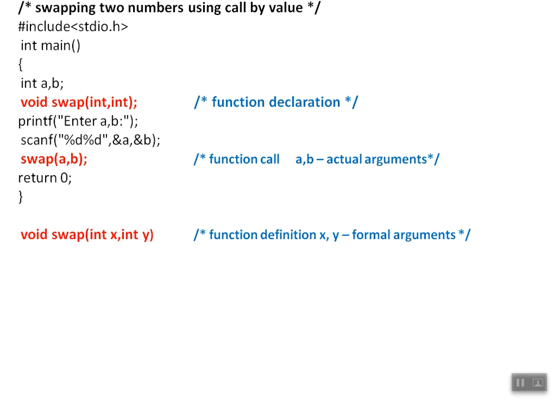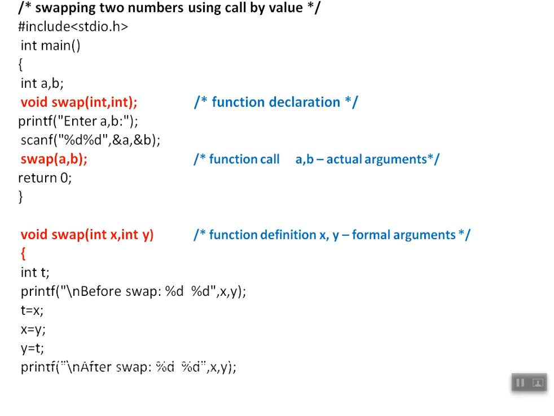And what is ab and what is xy? a and b are actual arguments, x and y are formal arguments. a and b will have a separate memory address which is controlled by main, and x and y will have a separate memory address which is inside swap. So we are going to print x and y before swap, and we write the code for swapping. Then we print after swap, and we use t as a temporary variable for swapping. So we are closing it, right?